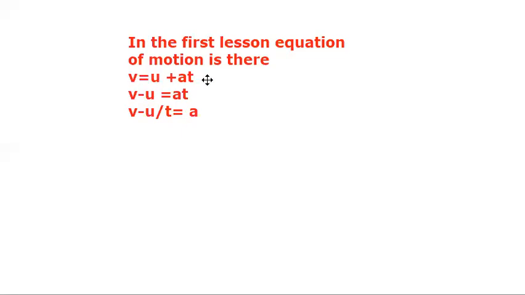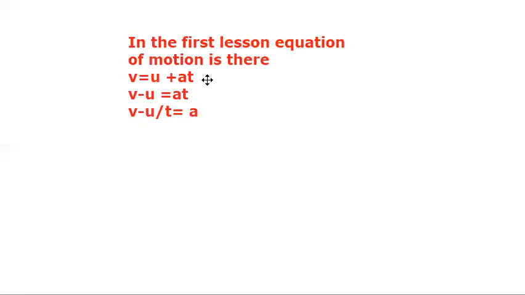What is v? Final velocity. Now consider a ball moving with a small velocity. Suddenly a boy comes and kicks it. Now what happens to the velocity? The velocity increases, from small it becomes greater. So it is accelerated.